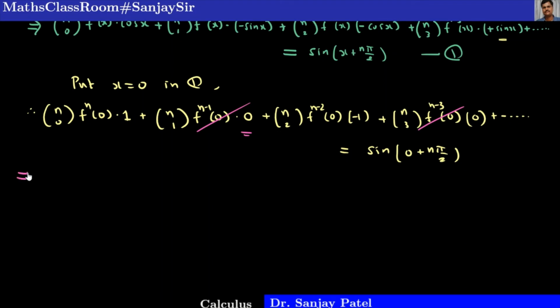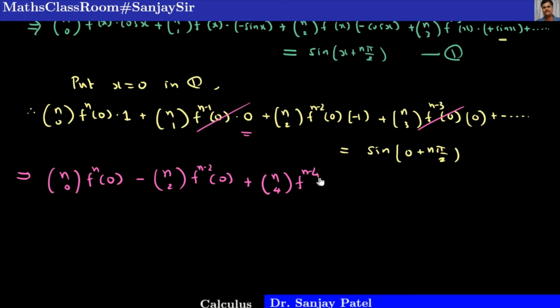So I can write it as nC0 f^n(0), okay, then this minus sign I am writing here, minus nC2 f^(n-2)(0). The next term would be plus nC4 f^(n-4)(0) and minus and plus and so on, and the right hand side is sin of n pi by 2. Okay, and this is the required result.